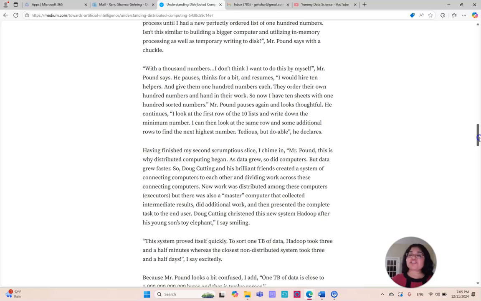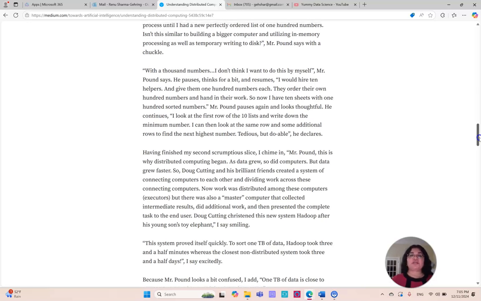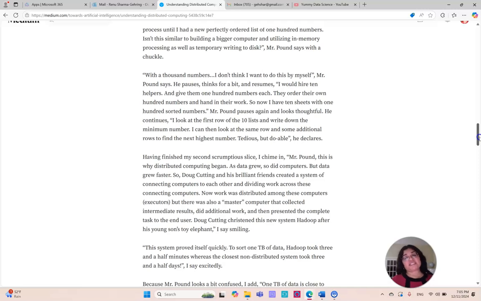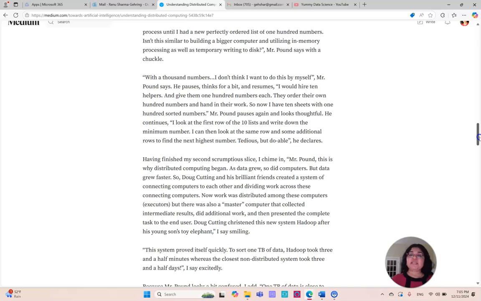So now I have 10 sheets with 100 sorted numbers." Mr. Pound pauses again and looks thoughtful. He continues. "I look at the first row of the 10 lists and write down the minimum number. I then look at the same row and some additional rows to find the next highest number. Tedious but doable," he declares.